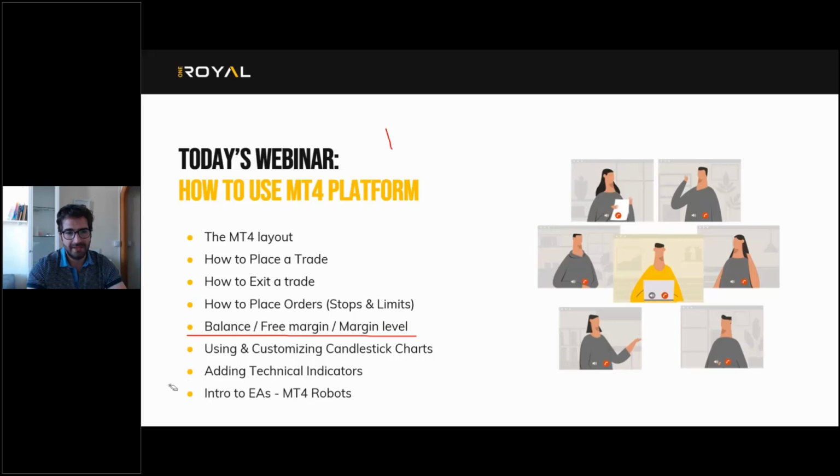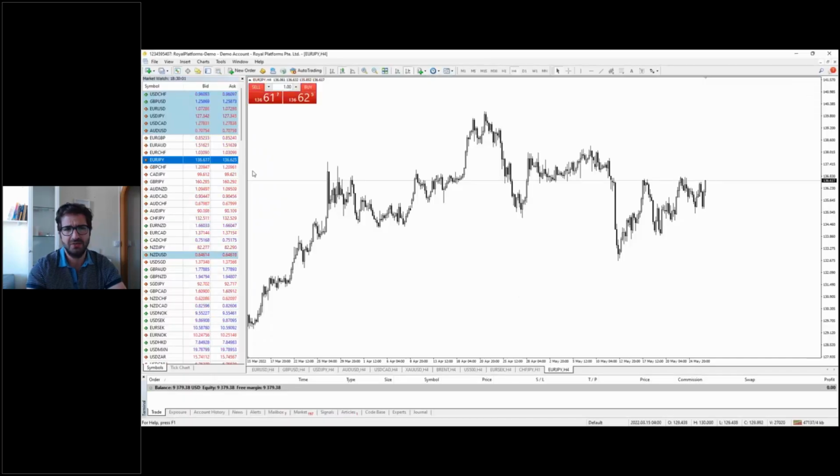Last, what we will talk about is the intro to EAs and MT4 robots. We'll talk about this briefly. If you would like to automate your trading strategy, you can code your strategy and then integrate it into MT4 using this section here.